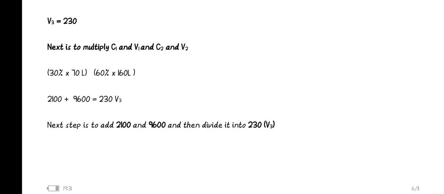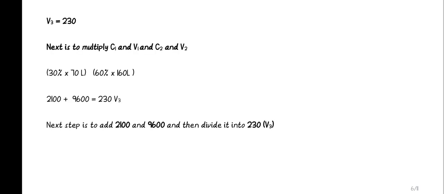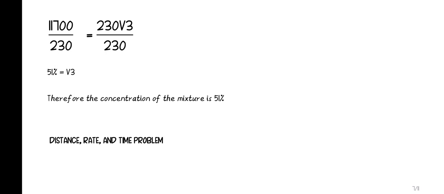So next step is to add 2,100 and 9,600 and then divide it by 230. 11,700 is equals to 230 times V sub 3, divided by 230.